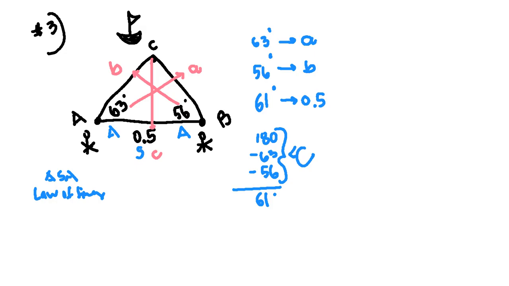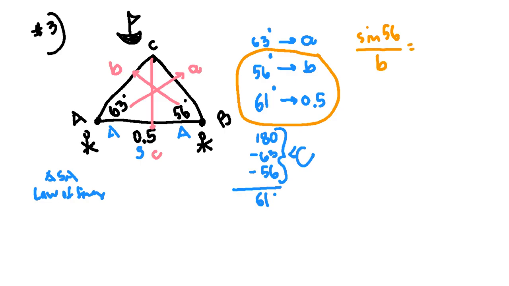Now what I'm going to do is set up a proportion, and I have to do it twice. The first time I'm going to use this orange information, and I'll color coordinate it. So the sine of 56 over b equals the sine of 61 over 0.5. You cross multiply.